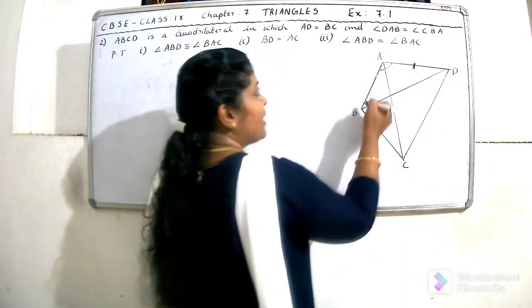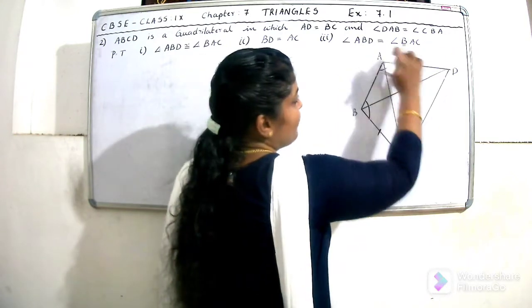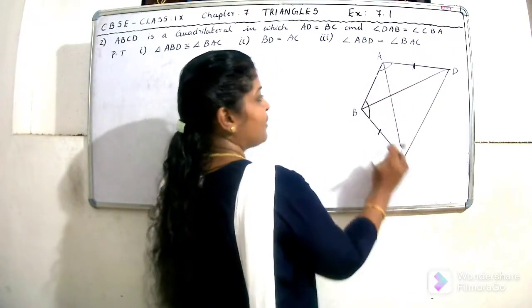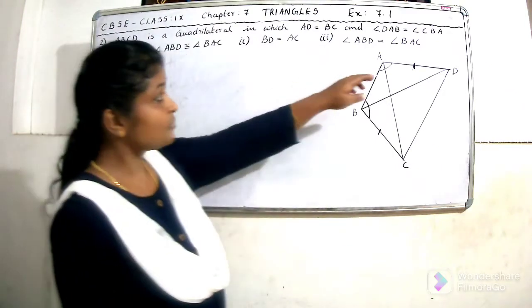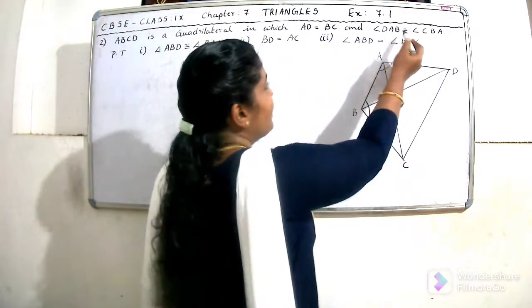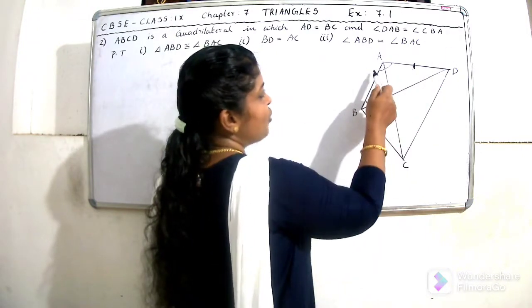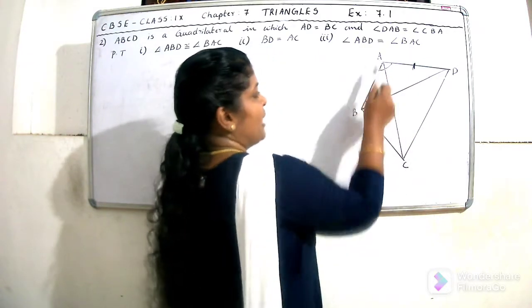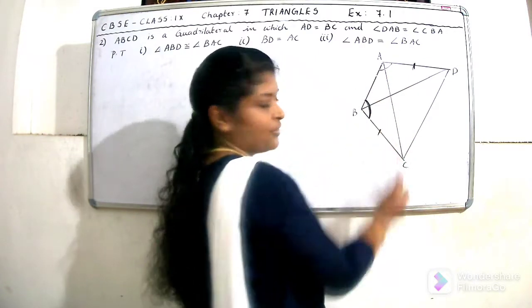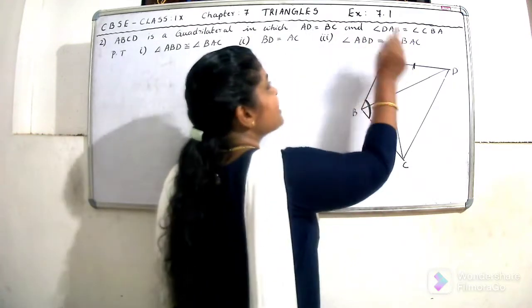Angle DAB and angle CBA, that means this corner. Okay, these two angles are equal. These two conditions are given.